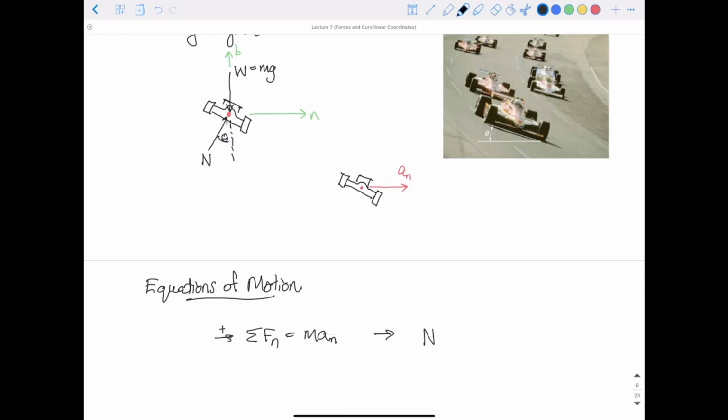So we have n sine theta, and that is equal to our mass times our normal acceleration. And we can write our normal acceleration in terms of our velocity, which is v squared over rho. So that's our first equation.